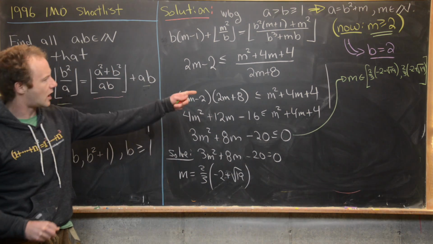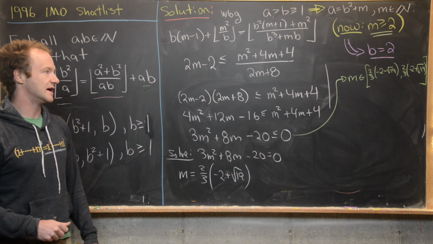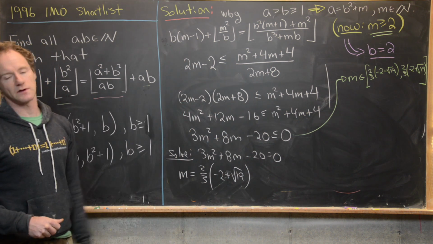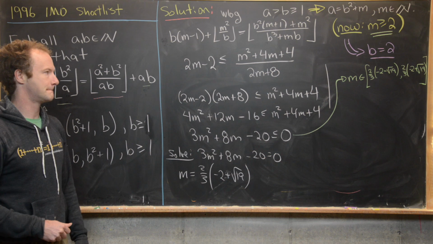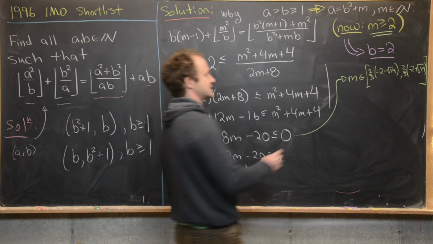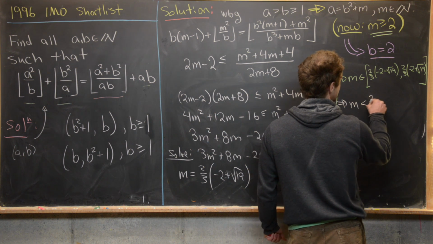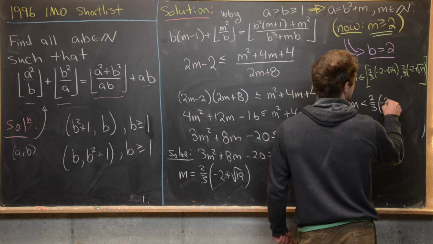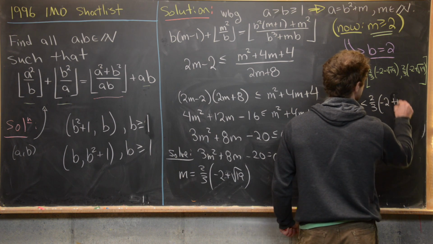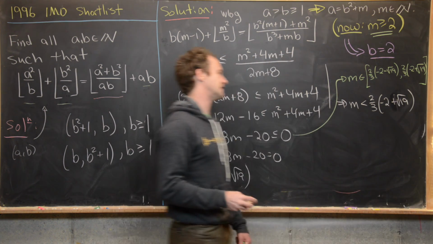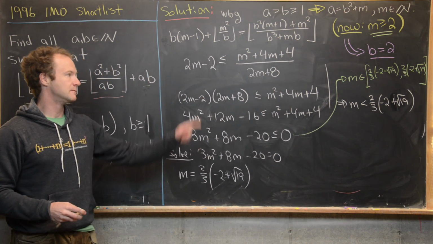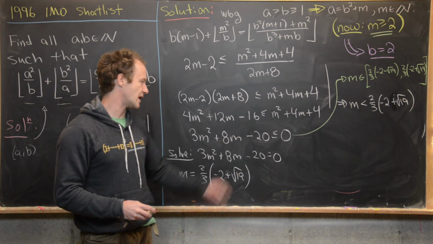So we're looking for all of the m values that are inside of that interval and bigger than or equal to 2. What that tells us is that m is less than 2/3 times minus 2 plus the square root of 19. That's what it takes to be inside of that interval. Being inside of that interval is the only way for this to be negative.